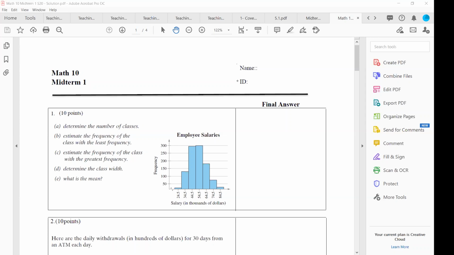Part A of the question says, how many classes do you have? Okay, you know that each bar represents one class or one bin. 1, 2, 3, 4, 5, 6, and 7 classes or 7 bars.